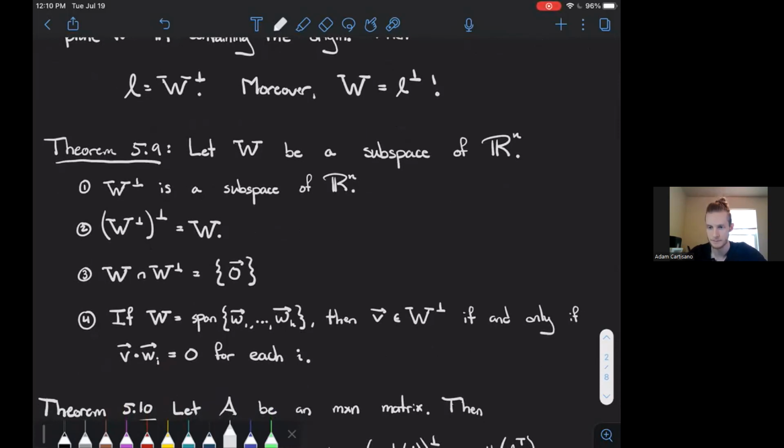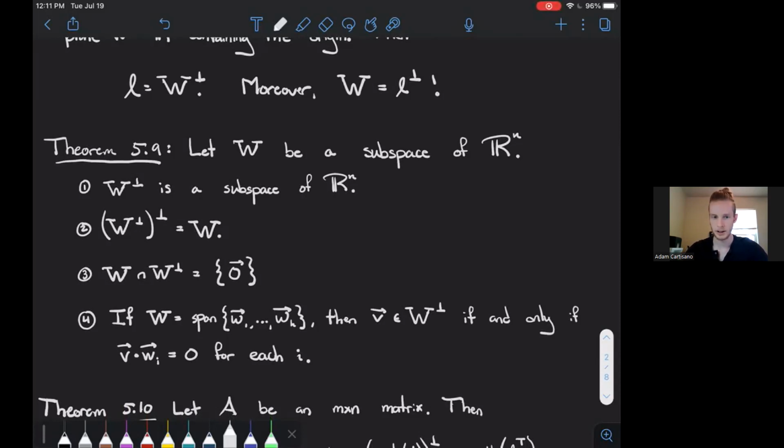Here's something that's interesting. Property 3. If you take a subspace and intersect it with its orthogonal complement, that is, what vectors are common to both subspaces, there is only ever one, and it's the 0 vector, because the 0 vector dotted with any vector gives you 0.